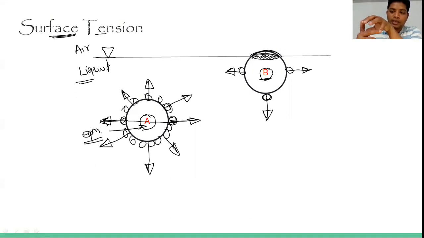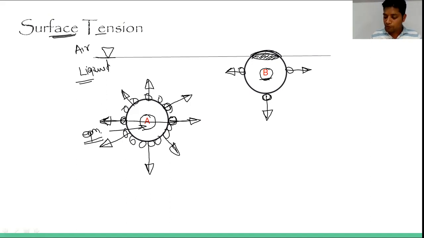Now this periphery is in contact with the liquid. So the liquid will try to pull it in this direction. When you see it from the front, it will look like a vertical force, but it is not exactly a vertical force, it is basically pushing it like this.